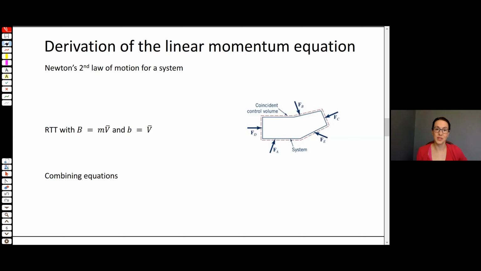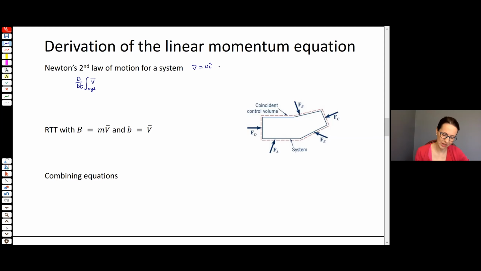Let's write down Newton's second law of motion for a general system of fluid particles. Here it's that material derivative, if you remember, the d by dt term plus u du dx plus v dv dy, etc. And then inside the integral, we've got the vector velocity. Just a reminder, in a fluid, we've got our Cartesian velocity.